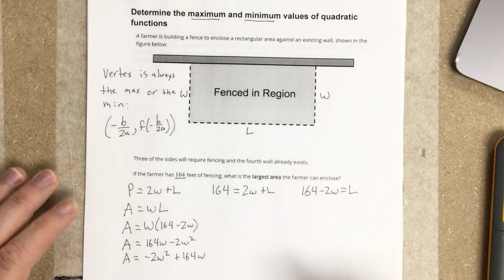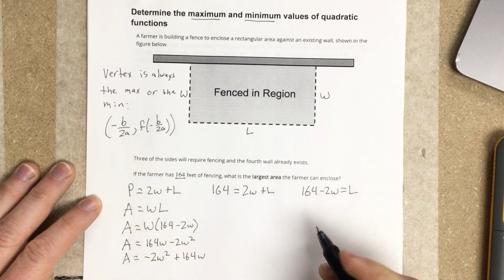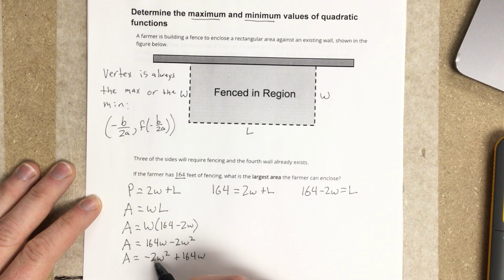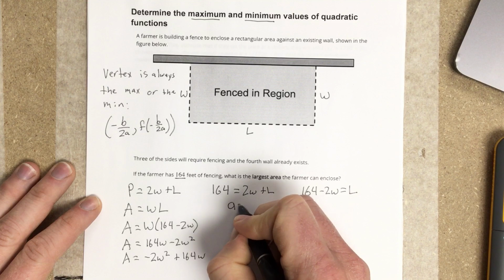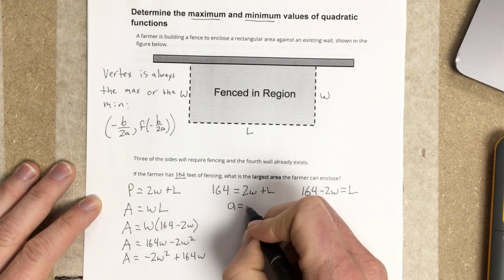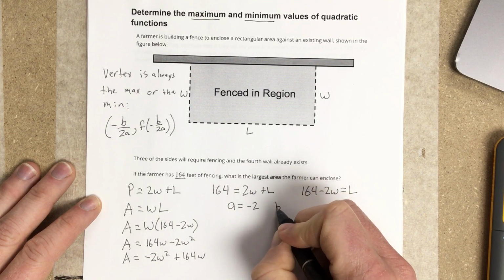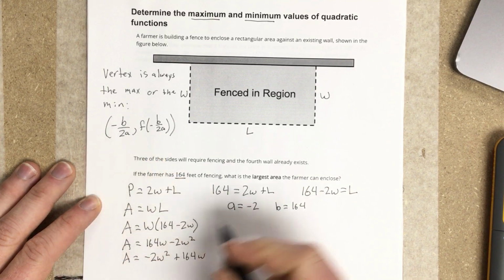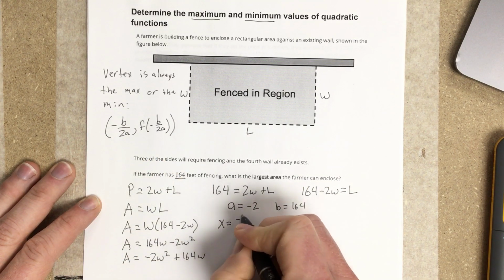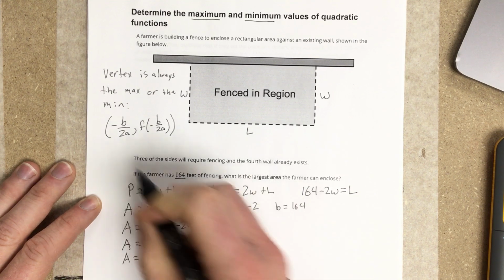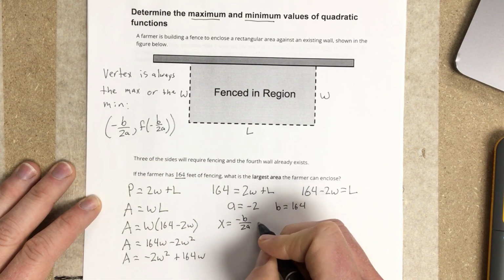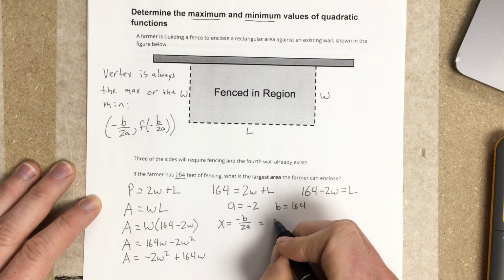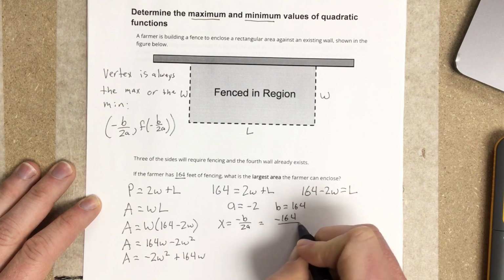Now to start finding this vertex, which is the maximum or minimum, we need to say that a in this situation, little a, would be negative 2, and b is equal to 164. So when I go to find negative b over 2a, the x value, I end up with negative 164 over 2 times negative 2.